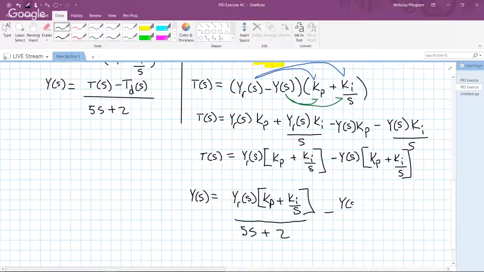Capital Y of S, Kp plus K sub I over S, all over 5S plus 2.